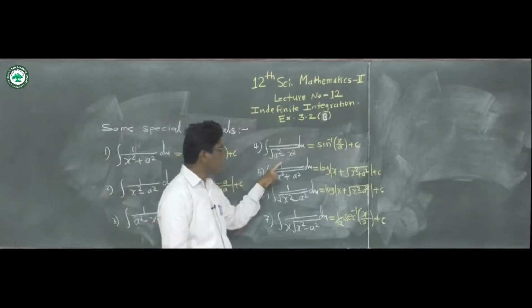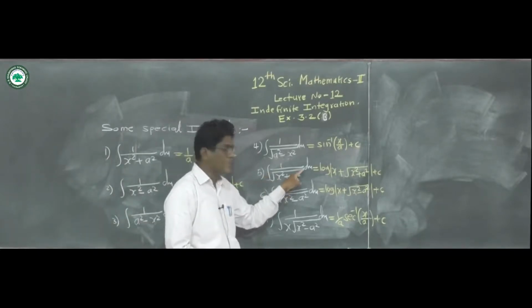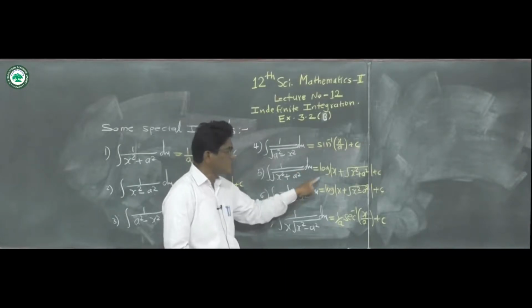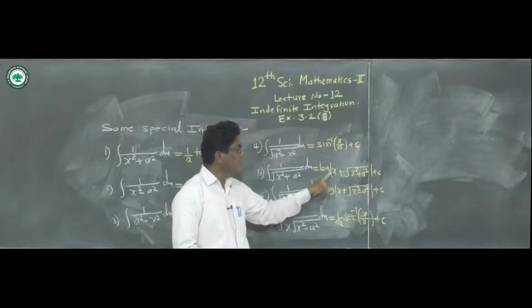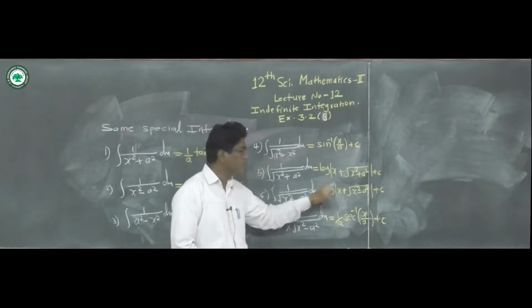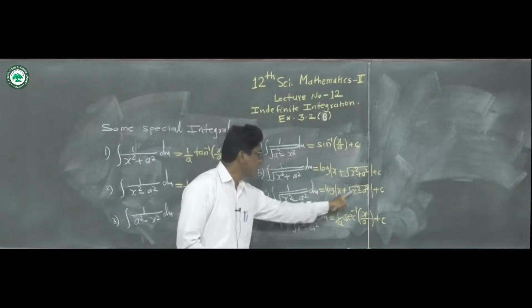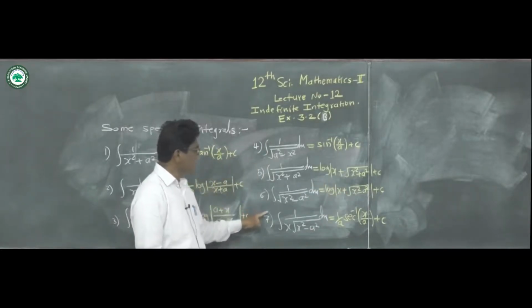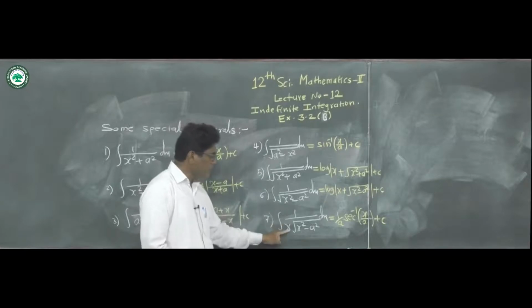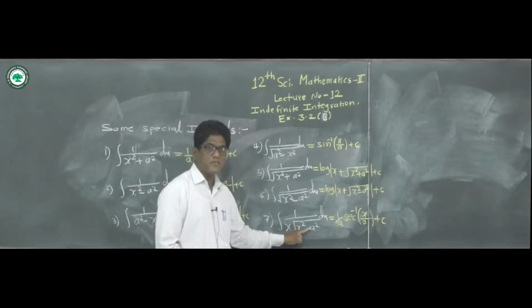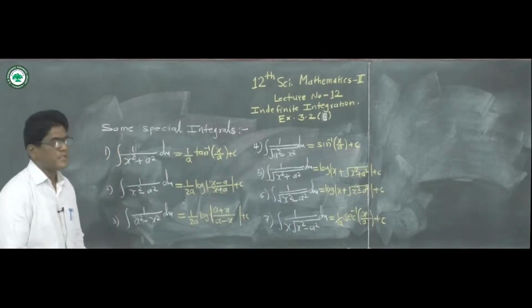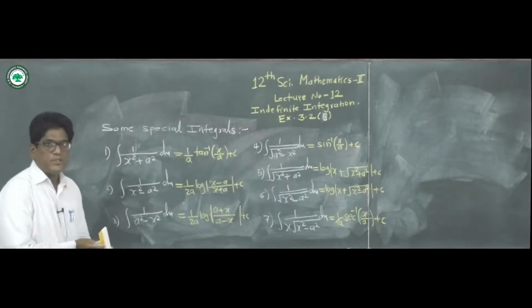So integration of 1 upon root of x square plus a square dx or integration of 1 upon root of x square minus a square dx is equal to, in both the formulas, log of x plus, and keep this root as it is, plus constant of integration. And the last one is different from these six formulas: integration of 1 upon x root of x square minus a square dx is equal to 1 upon a into sec inverse of x upon a plus constant of integration.